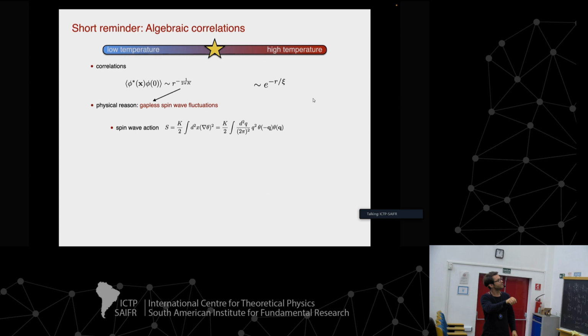These are spin waves, or almost Goldstone modes, described by an action that looks like that, gapless. There is no constant term. The first term in the exponent of this action comes with a gradient, and I can write this as q squared when I go to momentum space.